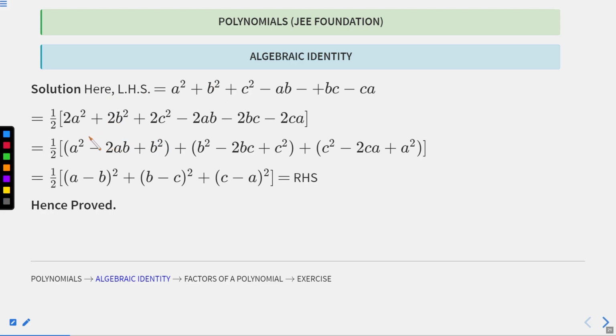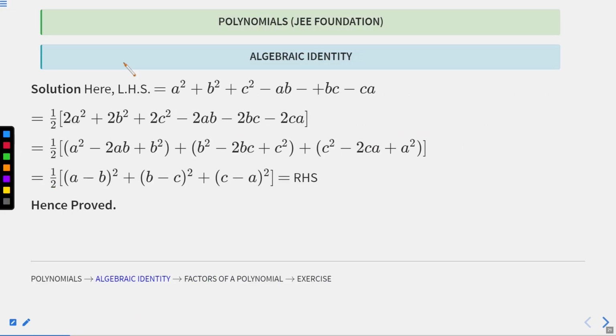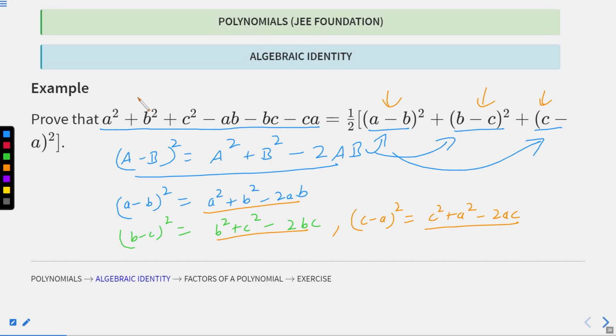Okay, I hope you are seeing. I think the solution given takes the left hand side as the starting point, but I am solving it here taking the right hand side. Okay, so let's solve with me. Just put all of these values in place of their expressions.